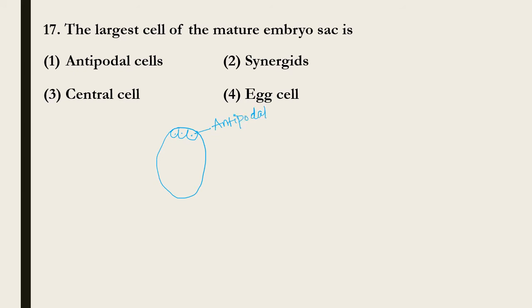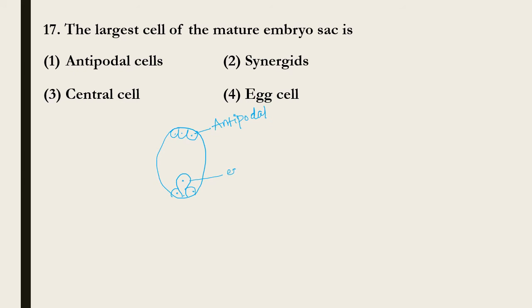At the micropyle region, it consists of an egg cell as well as synergids. So all these antipodals, synergids, and egg cell are in the haploid condition.